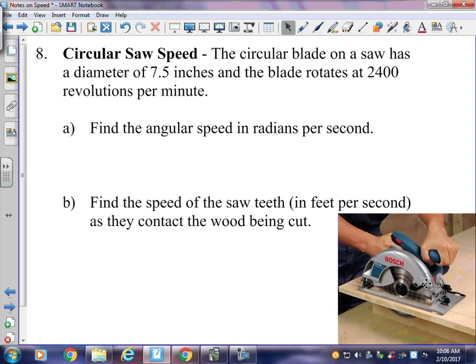Okay, circular saw speed. The circular blade on the saw has a diameter of 7.5. What is my brain telling me? Diameter, you divide by 2. Alright, so what's my radius? 3.75. Okay, so we need to make sure we divide it on the calculator, don't we?